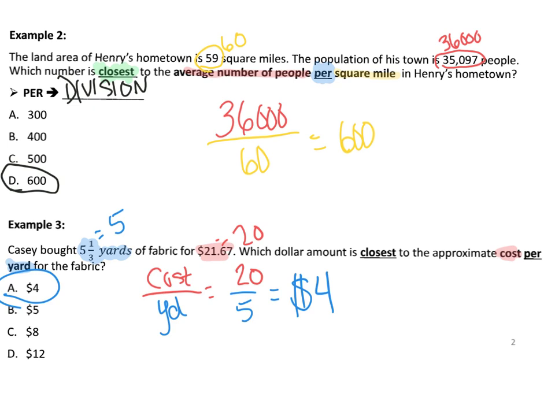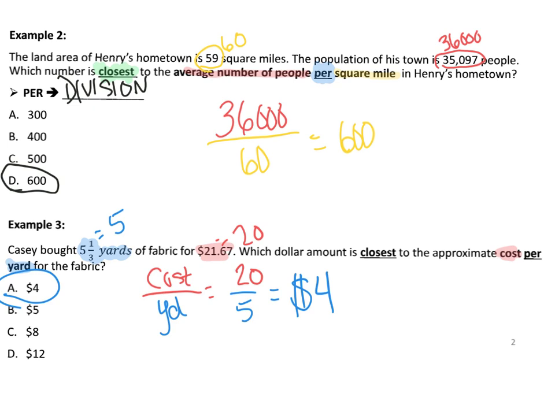If you rounded them up, that's okay. It just wouldn't give you an easy number to divide. So just be really careful there. And again, it's cost per yard, hence why cost is on top and yard is on bottom.